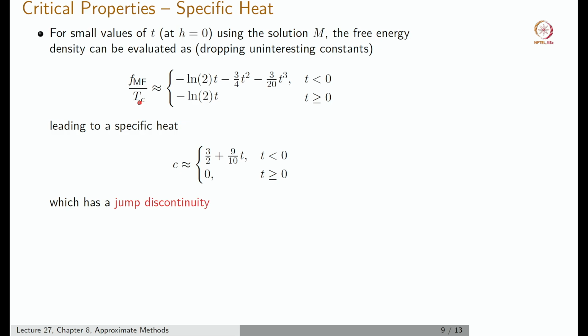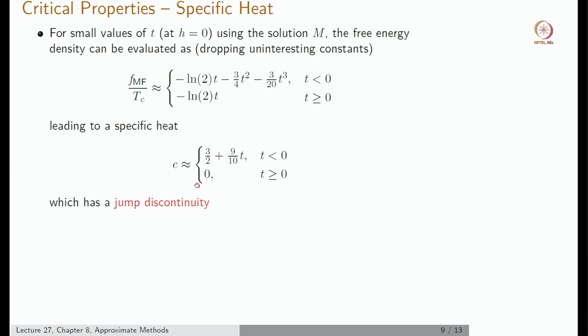In fact, you can show that the first derivative of the Helmholtz free energy with temperature, with a negative sign, will give you entropy, and then T times dS by dT will give you the specific heat. That is the heat added to the system divided by the infinitesimal temperature change. So I have to take two derivatives of this function f with respect to little t, and that will give me the specific heat, and I have to put in negative signs to make sure that everything is okay.